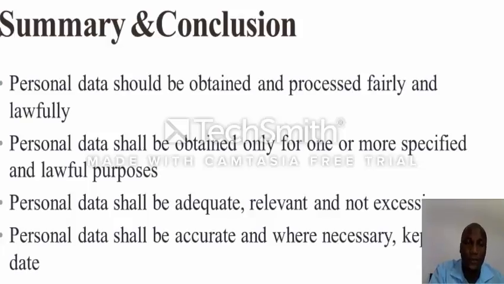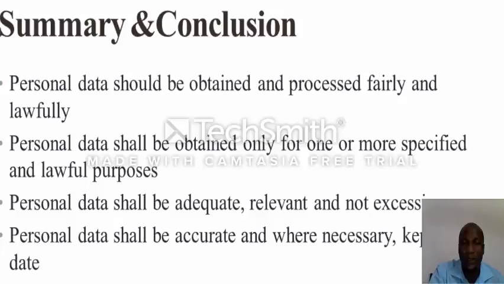Summary and conclusion. Personal data should be obtained and processed fairly and lawfully. Personal data should be obtained only for one or more specified and lawful purposes. Personal data should be adequate, relevant, and not excessive.